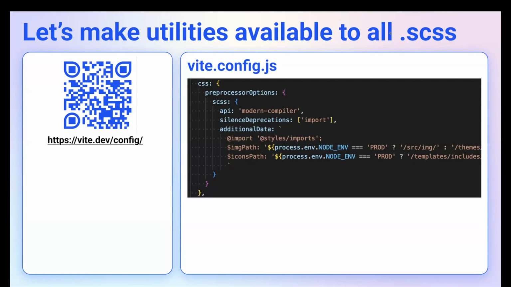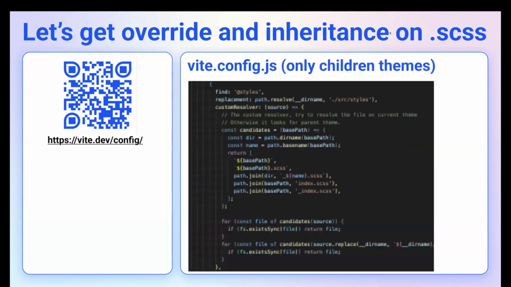The important part in this example is the import styles imports, which is a SASS file which imports everything, variables, mixins, and so on. And it uses the alias styles, which is important for another piece of this implementation.